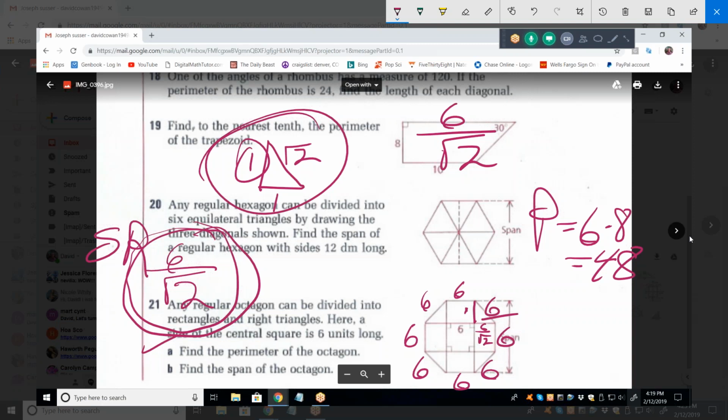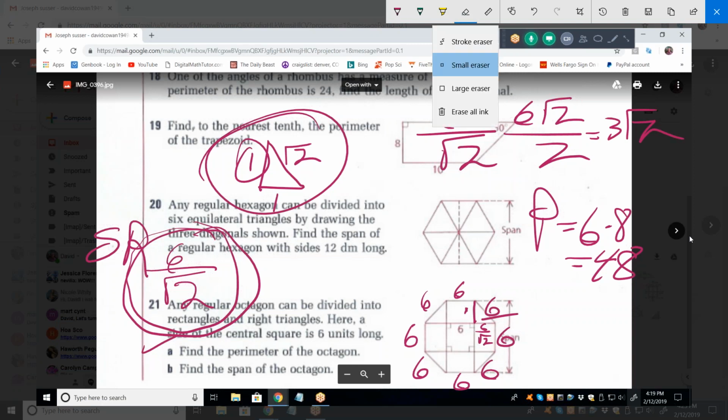You're not supposed to put irrational numbers in the denominator. Oh, so just multiply it by root 2, top and bottom. So you get 6 root 2 there, you get 2 root 2 there, and then it simplifies to 3 root 2. So instead of 6 divided by root 2, that's actually 3 root 2.